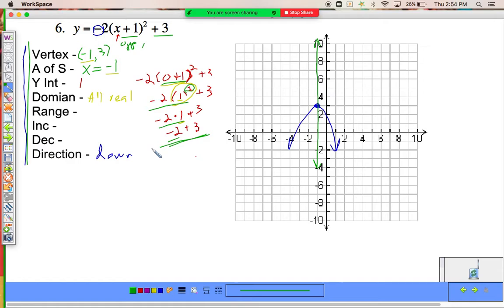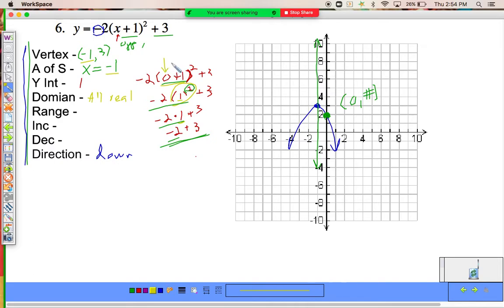The y-intercept, which is going to be this point, is going to be 0 comma something. All right? All y-intercepts are 0 comma something. That's why I plugged a 0 into the problem.